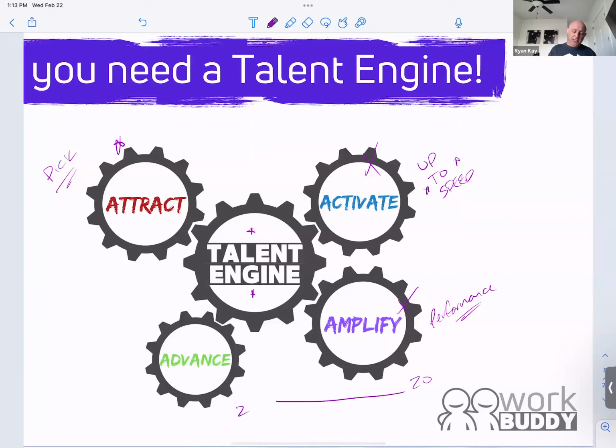And so not every support person can move up through the company. The best way to think about advancement is either you want them to move up, you want them to move over, or if you really care about your employees, you want them to move out to a better opportunity. But what you don't want are employees that just stay stagnant.